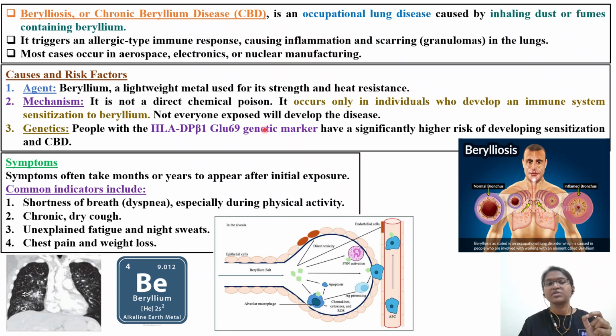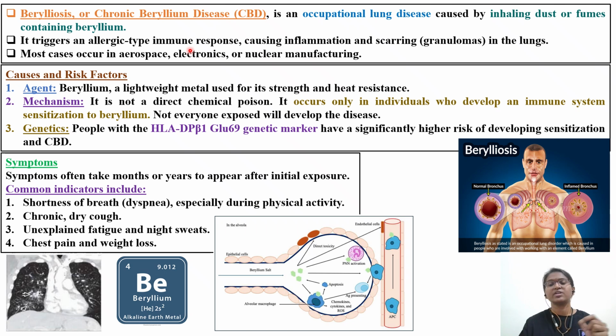Now we'll read something with respect to beryllium. The occupational lung disease caused by exposure to beryllium metal is called berylliosis, also called chronic beryllium disease. It is an occupational lung disease caused by inhaling dust or fumes containing beryllium. It triggers an allergic-type immune response, similar to metal fume fever.